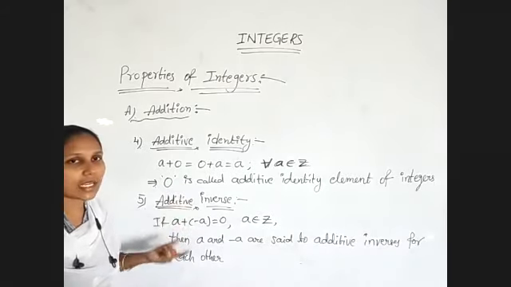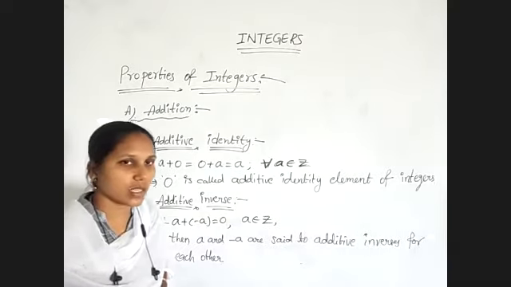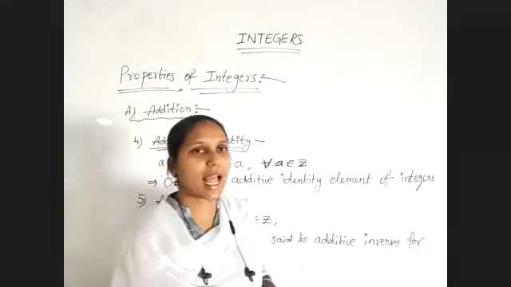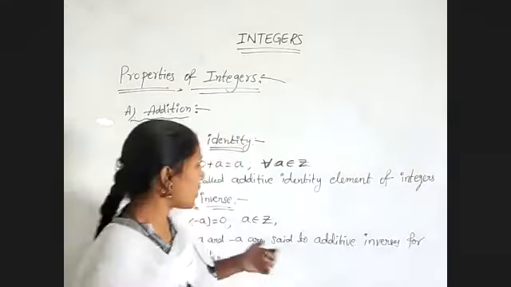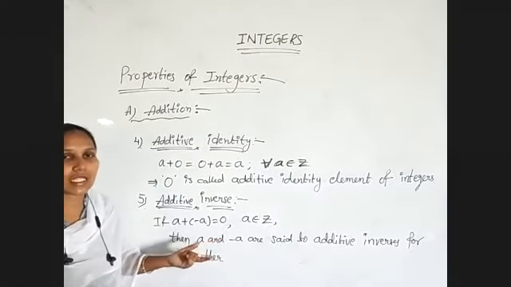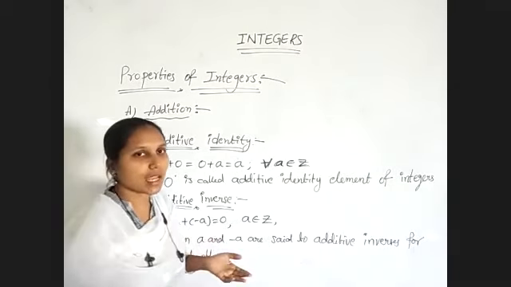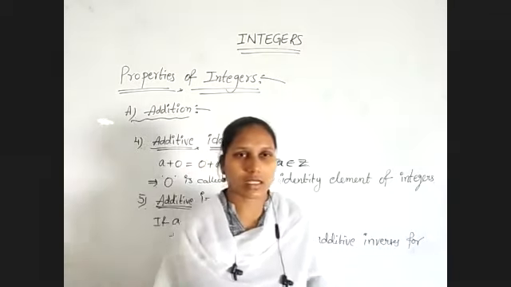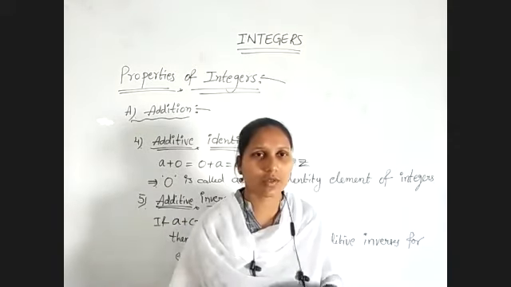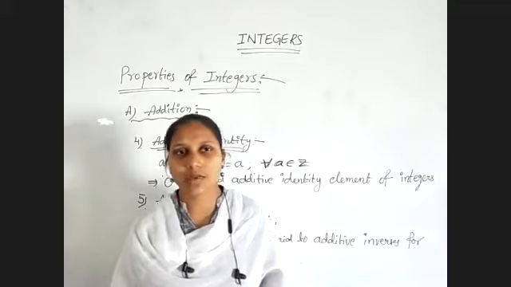And coming to additive inverse, if the sum of two integers is equal to 0, then those two are said to be additive inverses of each other. For suppose I have +5, then its additive inverse is -5. Suppose I have taken 26, meaning +26, its additive inverse is -26.